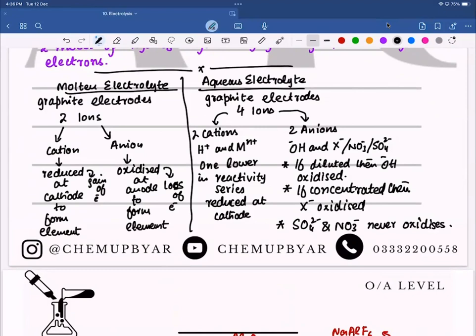Then what is the difference when we use an active electrode? Active electrodes take part in the chemical reaction. Which one? Any other than platinum and graphite. If there is a graphite or a platinum electrode, it's obvious that those electrodes are inert.